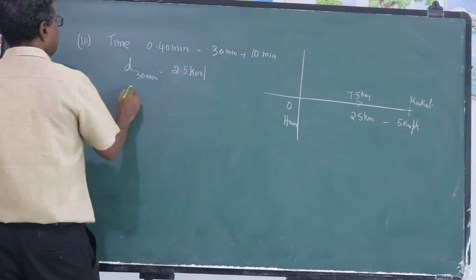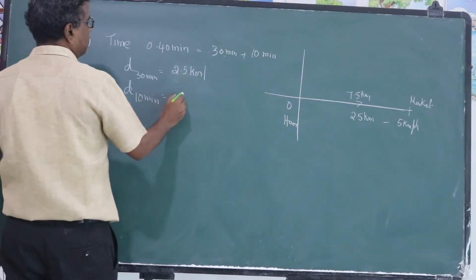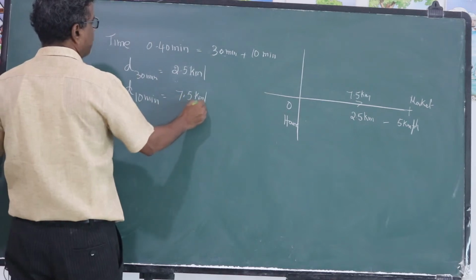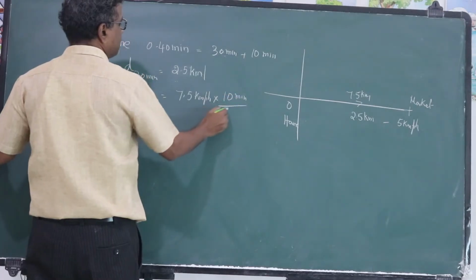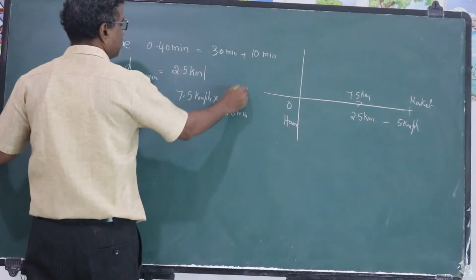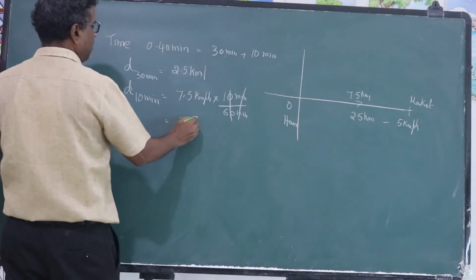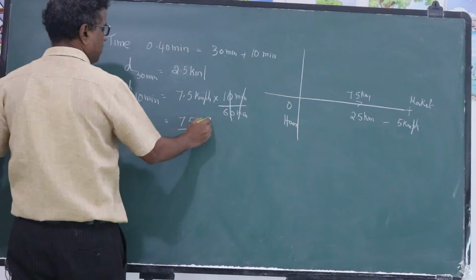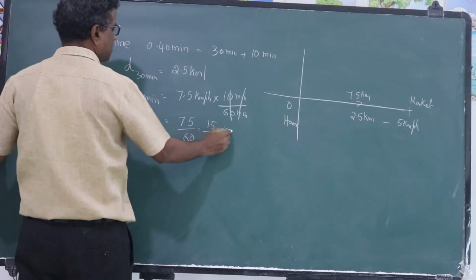Next 10 minutes: speed is 7.5 kilometers per hour into time 10 by 60, that is 1 by 6, so 7.5 by 6, that is 15 by 12 kilometers.